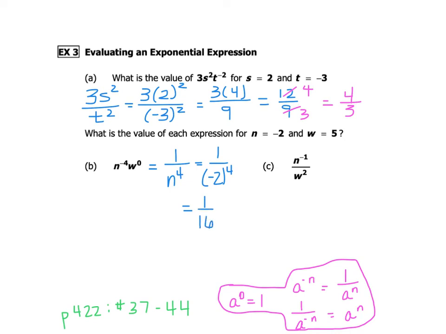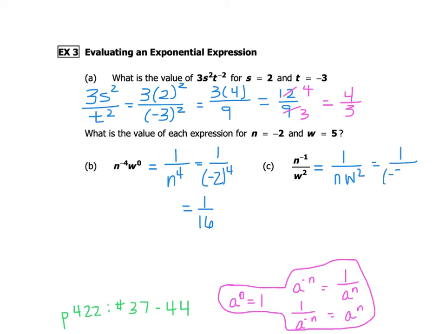Let's go ahead and do our final example. Our w squared has a positive exponent, so w is not going to move, but the n will because it has a negative exponent. So we're going to write this as 1. Remember, it leaves a 1 up there, over n to the 1 power. We don't have to write it. W squared. When we plug in our n and our w, we're going to have 1 over.